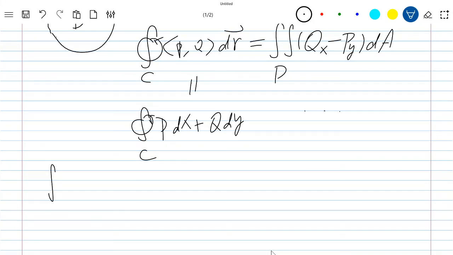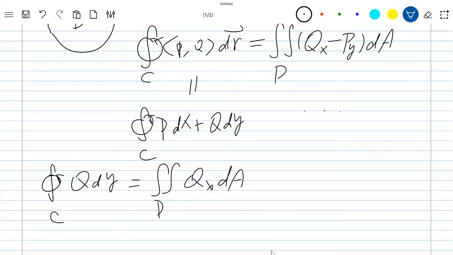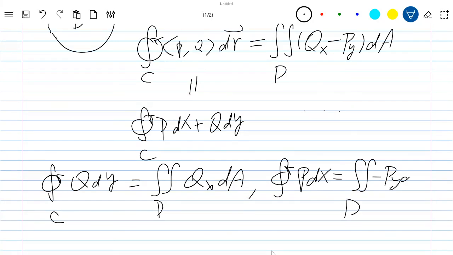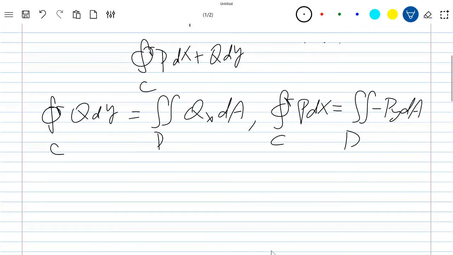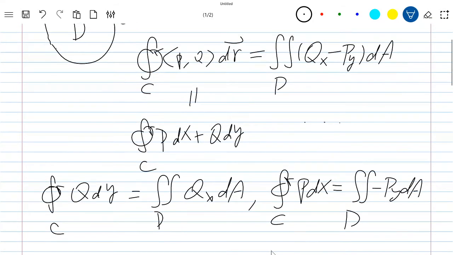One is the integral of Q dy equals the integral of Qx dA, and the other is the integral of P dx equals the negative integral of Py. We will prove them one by one, and then add them together we get Green's theorem.